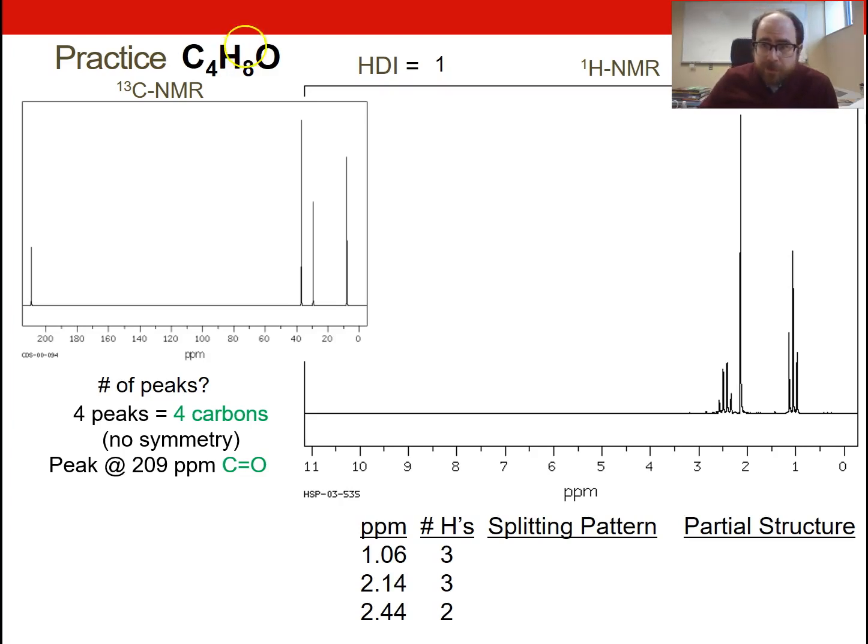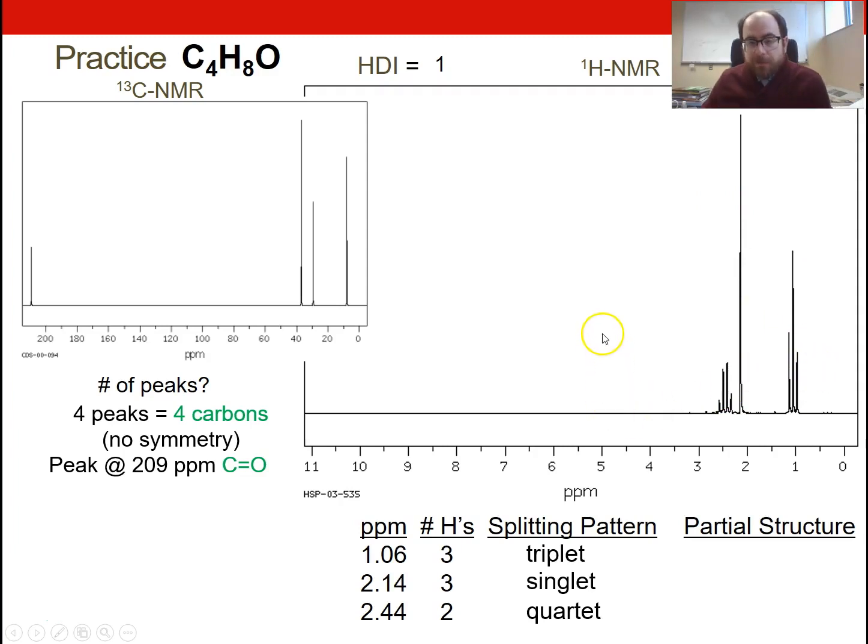So notice that we have 3 signals in our proton NMR, and 3 different regions with different integrations. Let's go ahead and identify the multiplicity. We have a quartet as our most deshielded signal here, we have a singlet, and we have a triplet.